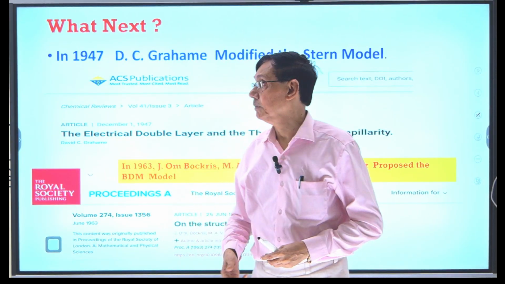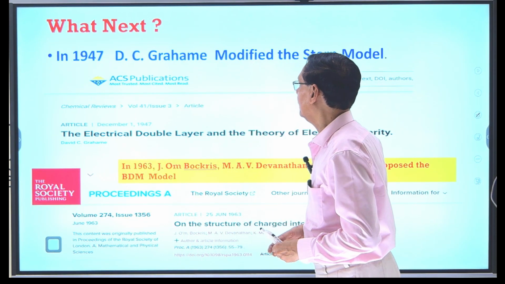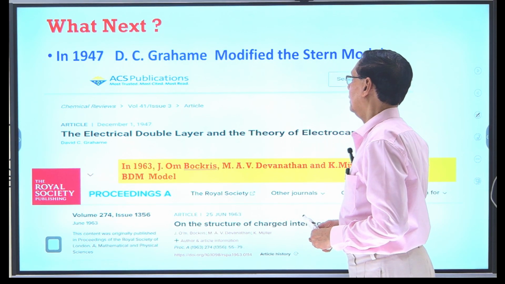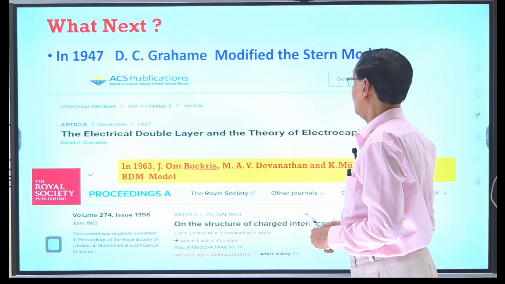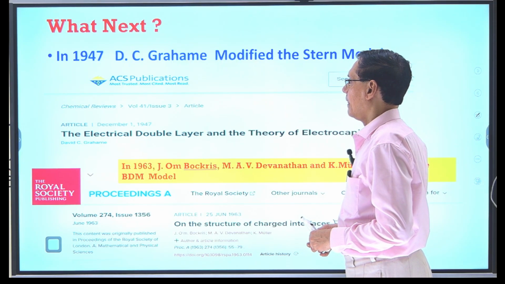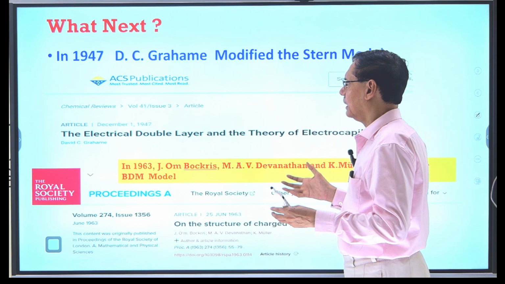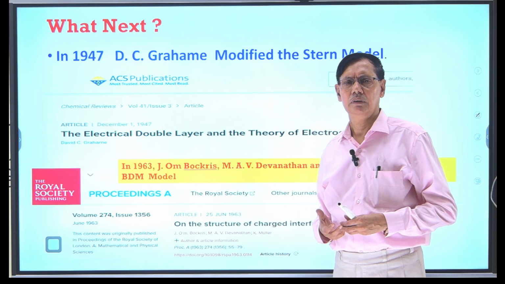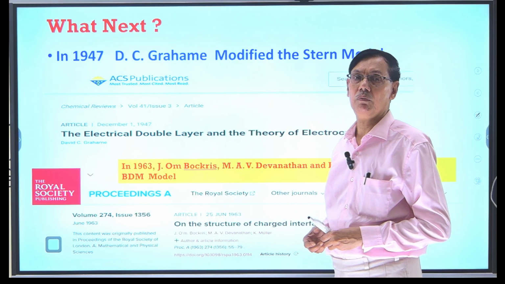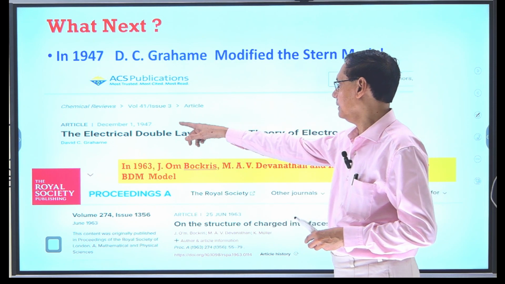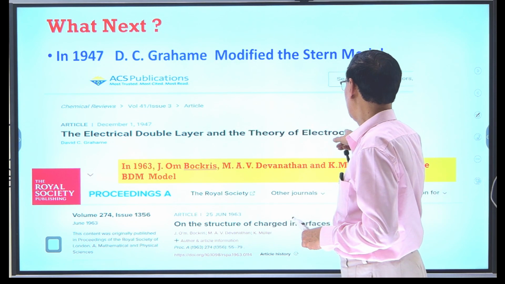But in 1947, Professor D.C. Graham modified the Stern layer, and he published a very good article in a very famous journal, the Chemical Reviews of the American Chemical Society, titled The Electrical Double Layer and the Theory of Electrocatalysis.